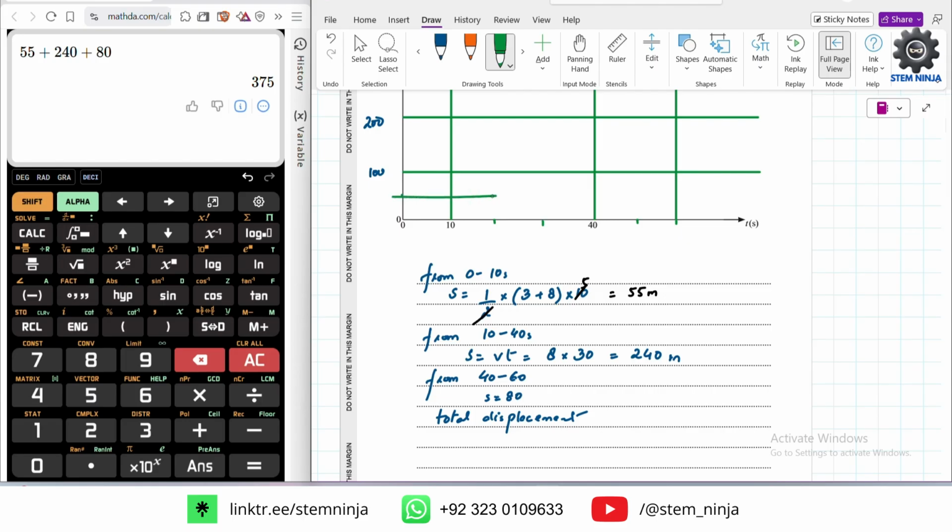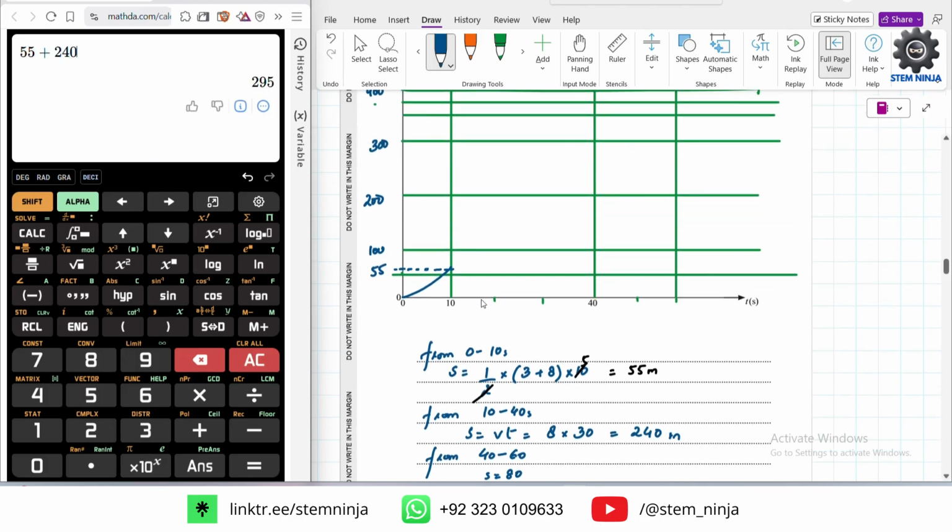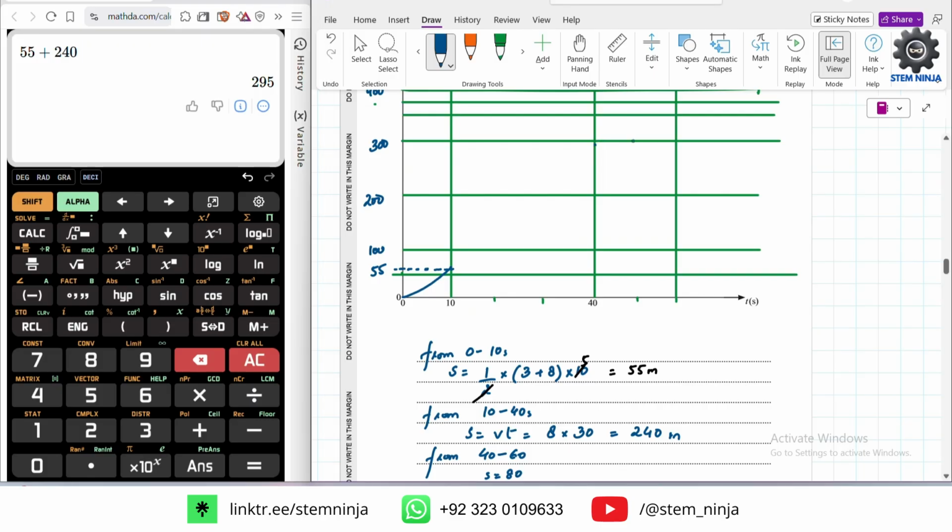If this is 50, then 55 would be very slightly above that, like this. So we can say this is 55. Then we have a further 240, so 55 plus 240 is 295, roughly close to this.